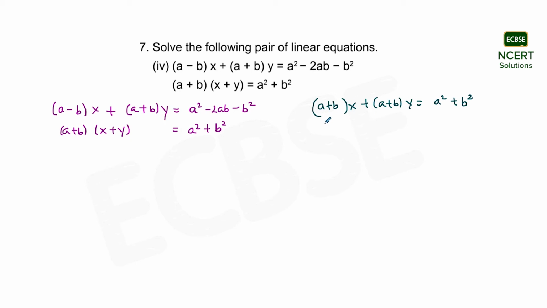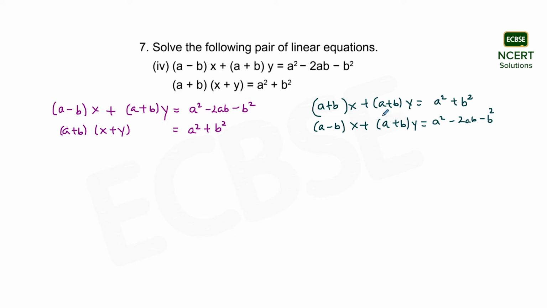Right. And now writing the second equation, it is a minus b into x plus a plus b into y, which is equal to a square minus 2ab minus b square.